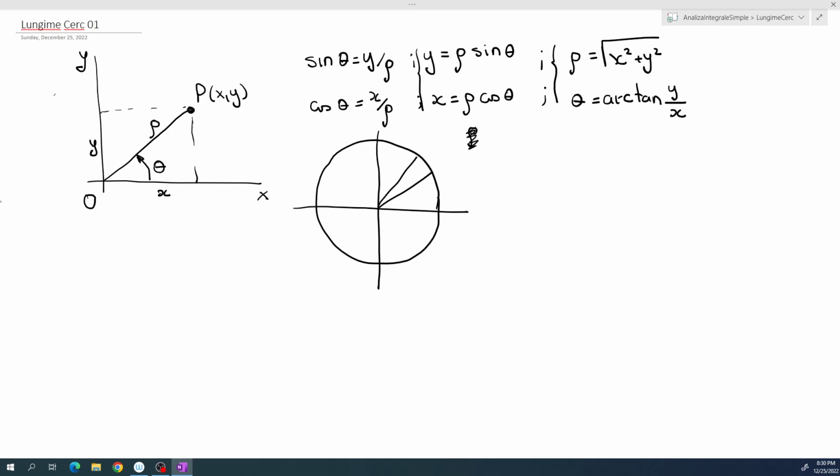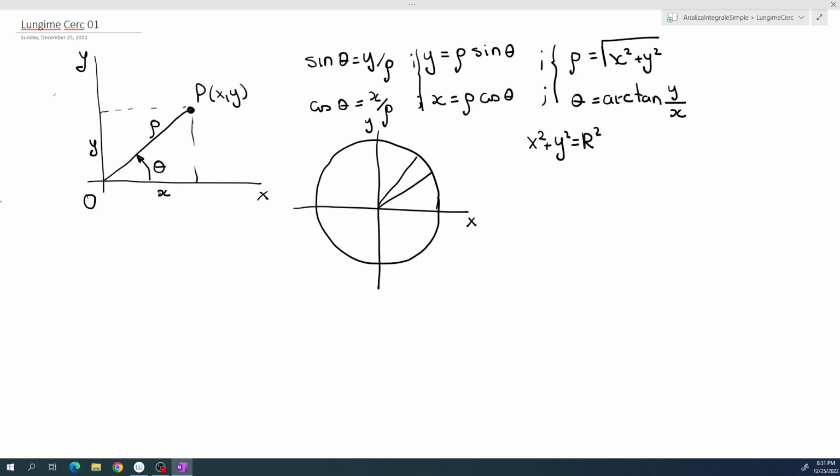First of all, the equation of a circle centered at the origin in Cartesian coordinates is x squared plus y squared equal to r squared, and that's it.